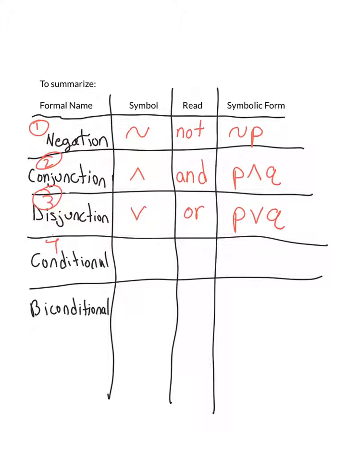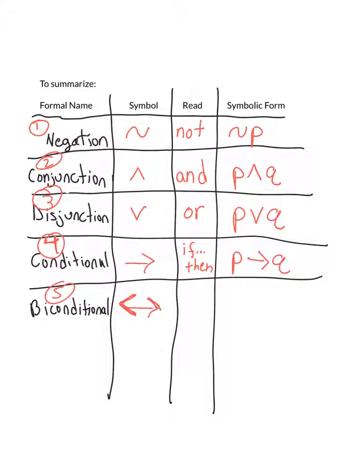The fourth symbol was the conditional, the arrow pointing to the right, which we read as if, then, or you might just see the word if, or the then is implied. So for example, what I'm jotting down, I would read this out loud, if P, then Q. And the fifth symbol, the biconditional, which is a conditional where you have to check both directions.